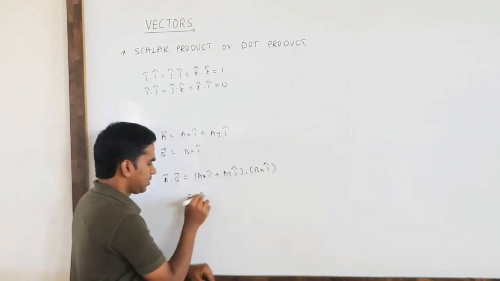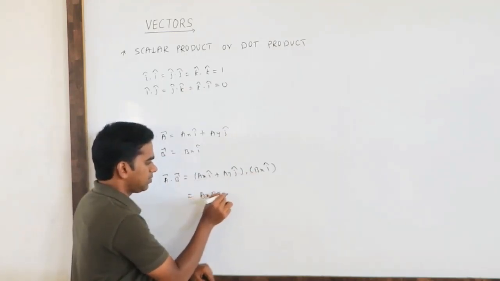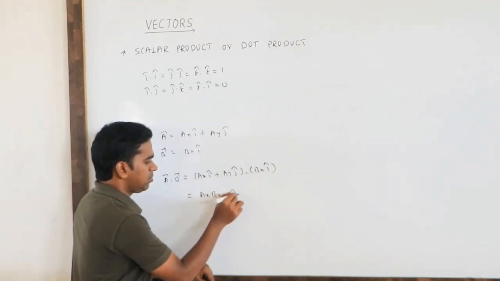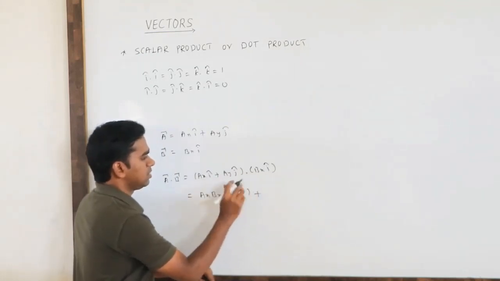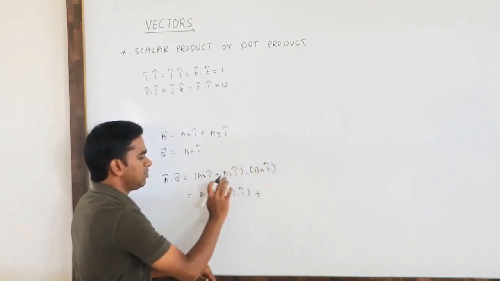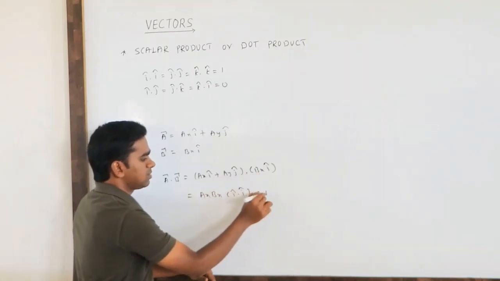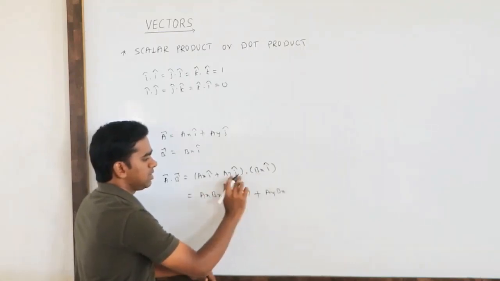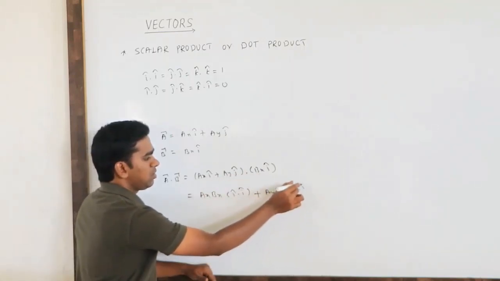AX BX, I dot I. I cap dot I cap, I cap dot I cap plus next. No value means no need to multiply next. Now take this one, AY BX, but it is J cap dot I cap.